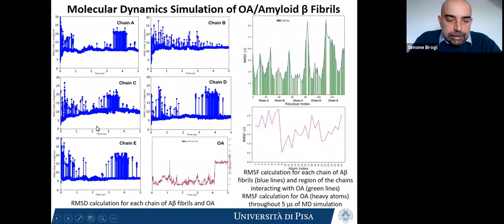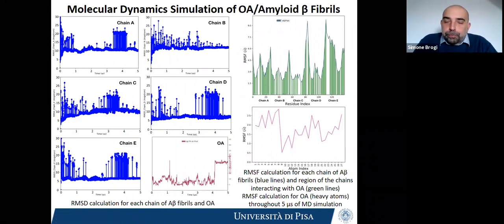For highlighting the stabilization of the system, we also calculated the root mean square deviation and root mean square fluctuation. And this data further demonstrated that the presence of oleuropein aglycone is highly critical for producing a strong destabilization of the amyloid fibrils.